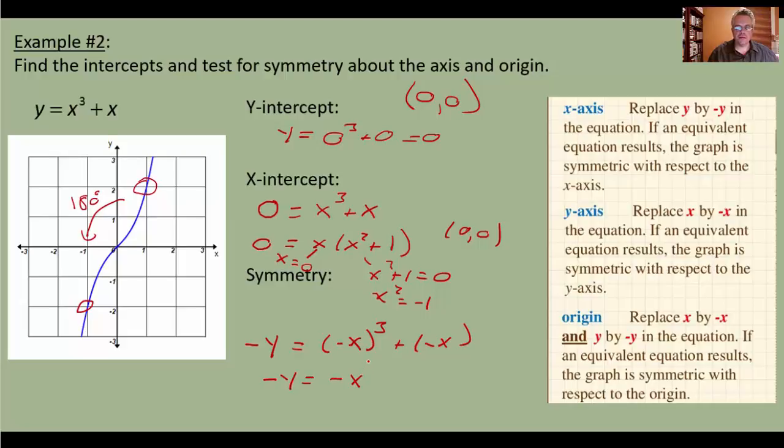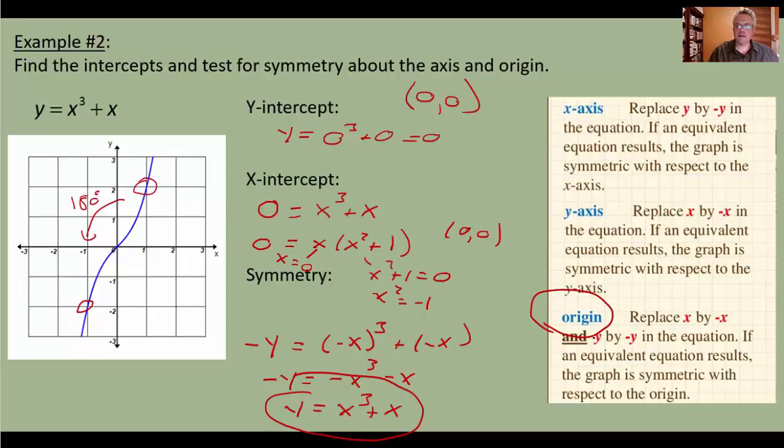It's like negative 1 cubed is negative 1. And then plus minus x is the same as minus x. I'm going to divide by negative 1, and we get y equals x cubed plus x. So I end up with the same equation I started with, which means that it's symmetric with respect to the origin.